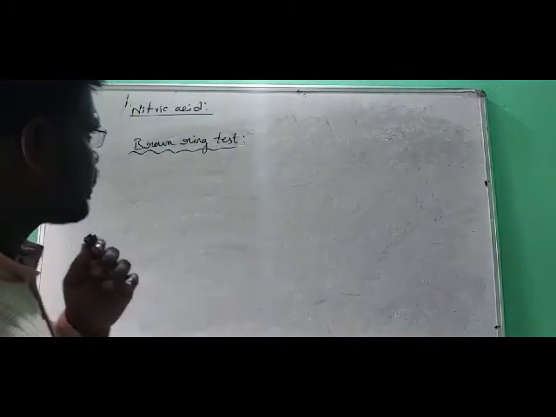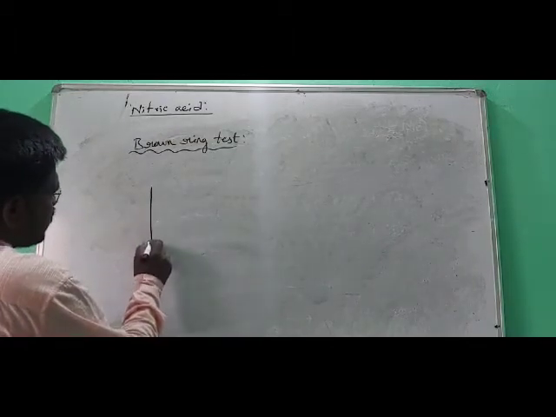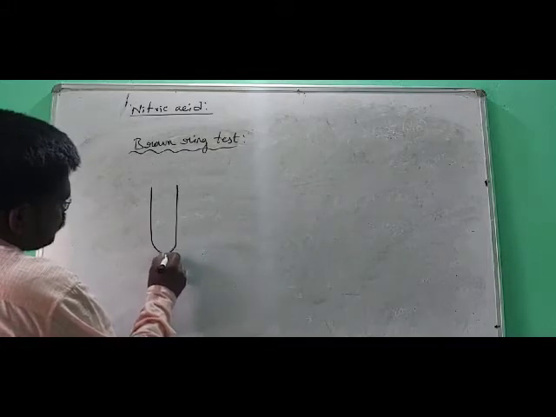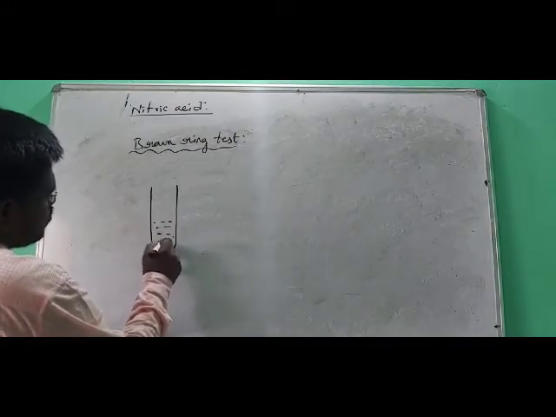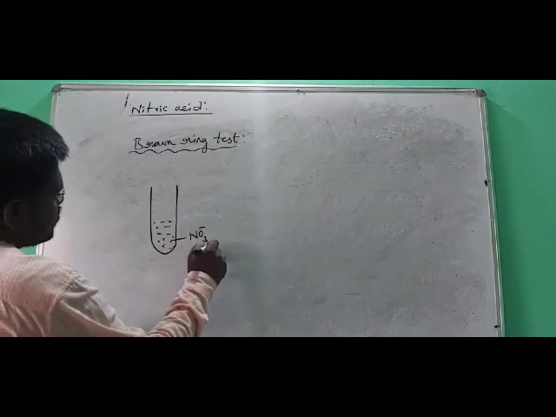Okay guys, next one, brown ring test. This brown ring test is used to know the presence of nitrate ions in a given solution. So let us try to know about this one. First we need to take a solution containing nitrate ions, NO3 minus ions.